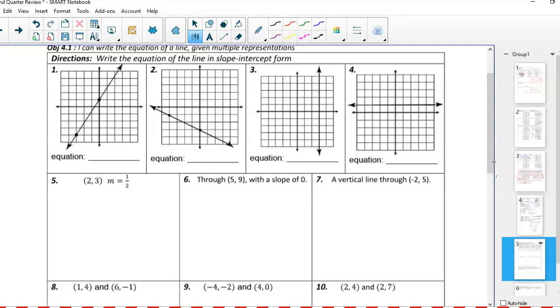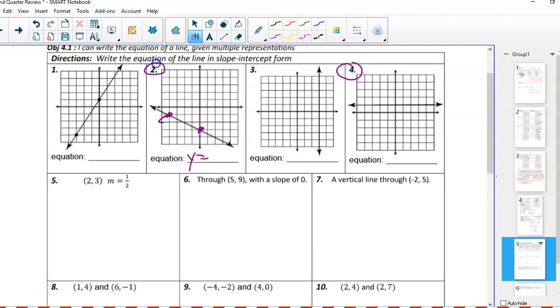No, 1, 2, and 4. 2 and 4. Okay. So for 2, this is a slant. It's going to be y equals some slope plus or minus some b. What is our slope?